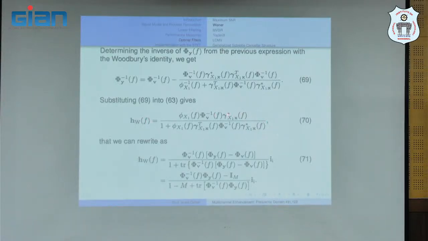Okay, what do we see here? Okay, this is very nice to see. Here, do you agree that the denominator is a scalar? Scalar, complex value, scalar, right?